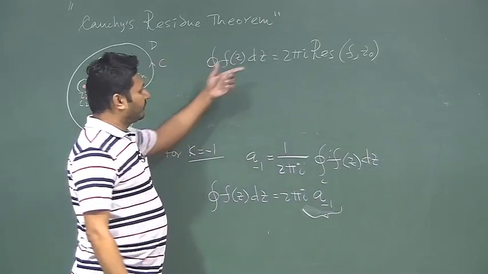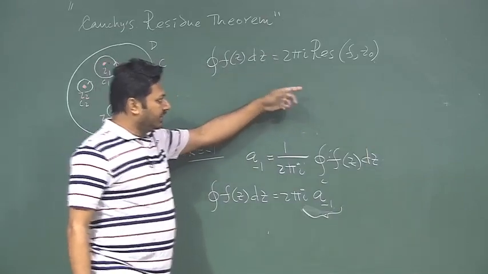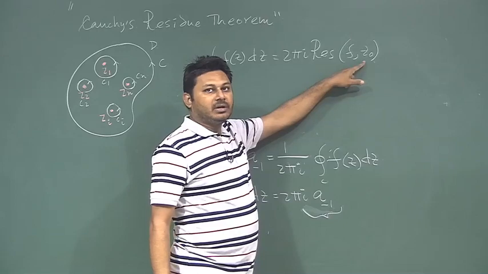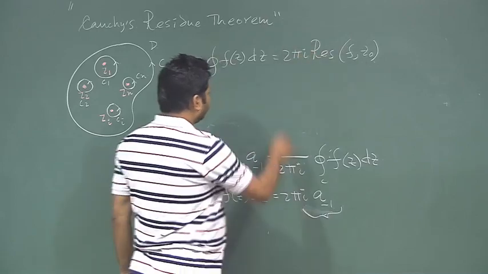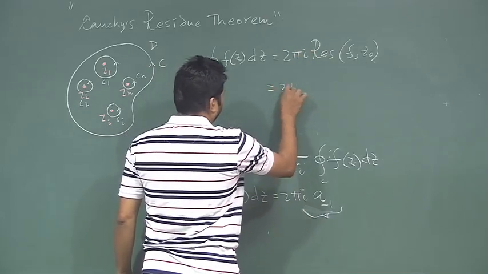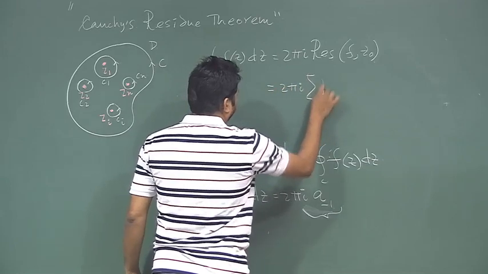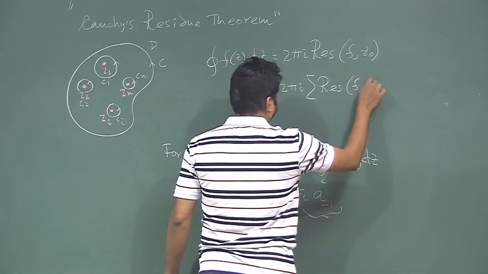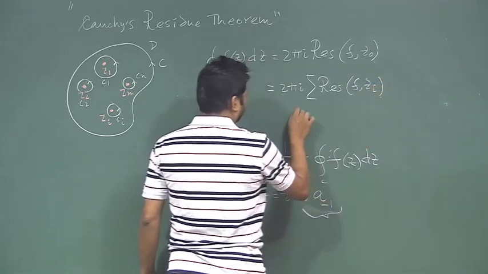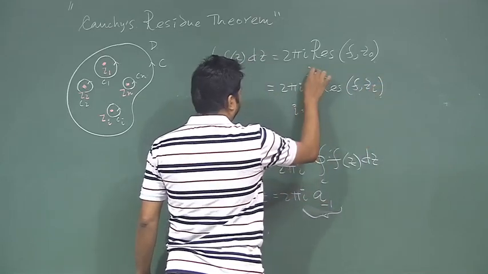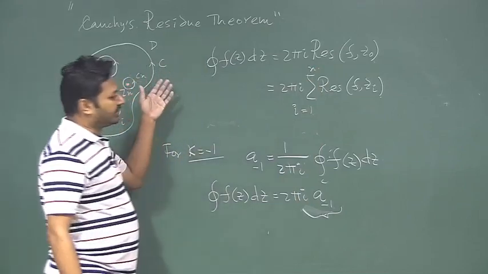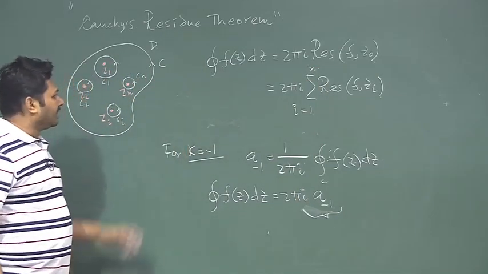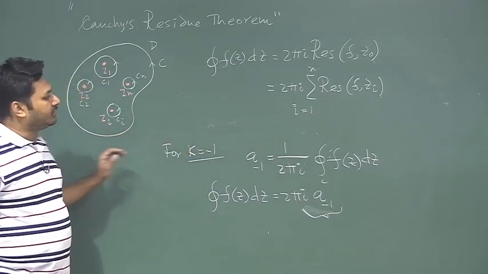Now, if instead of one singularity I have many singularities, then this will be a sum: 2 pi i times the sum over the residues of f at z_i, i from 1 to n, which is essentially the expression that I wrote just a few minutes ago.